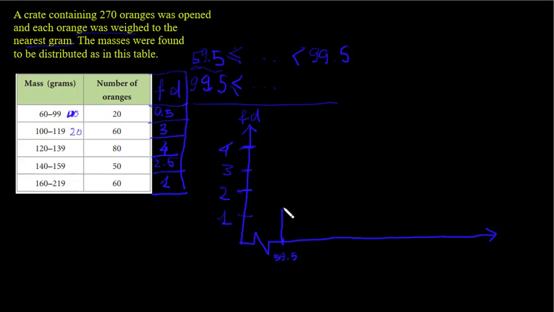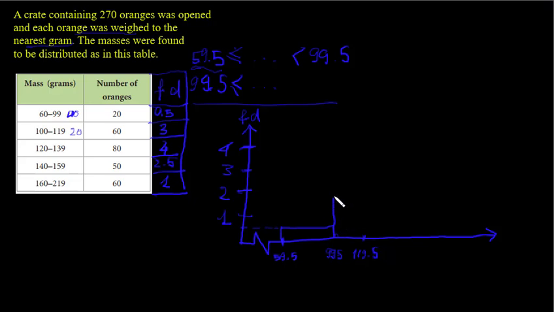So the first one will be 0.5, which is this one here. This one is 99.5. So the next one, the frequency density is 3, ranging from here. After this point, it's 109.5.